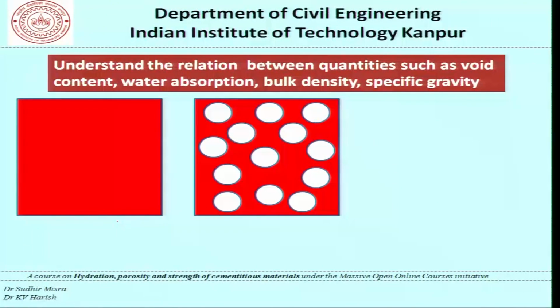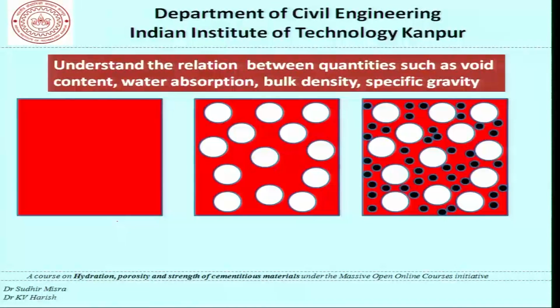but that could be different. Now, the void space in this is getting filled with some smaller particles, and if they have properties in terms of water absorption and so on, then if we were to fill this container now with water, all this space which is shown in red would be occupied by water.